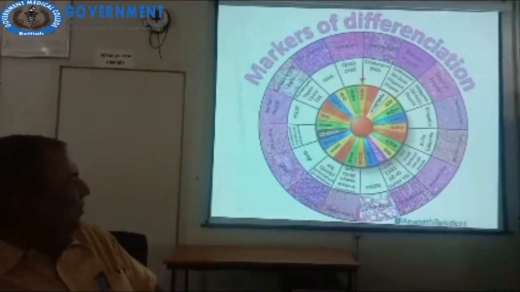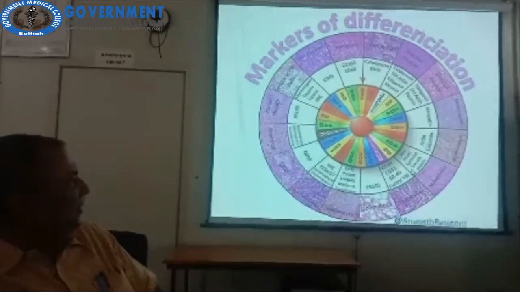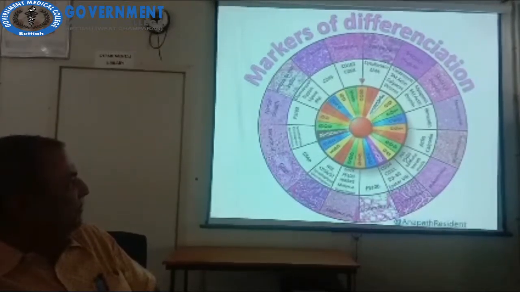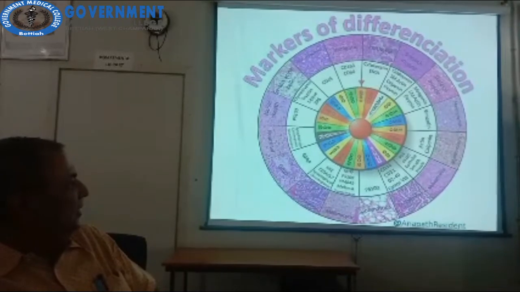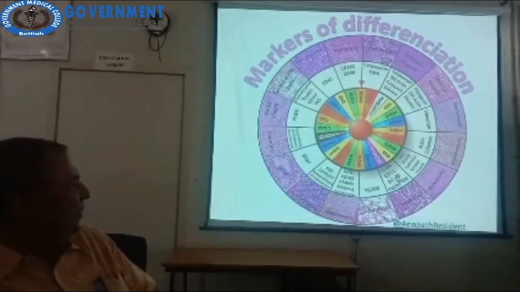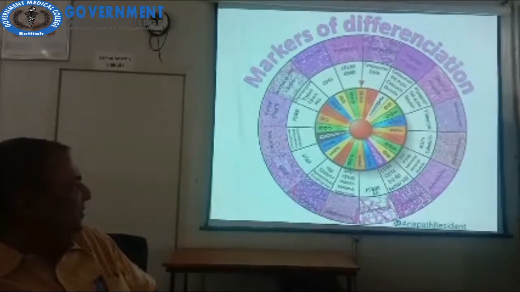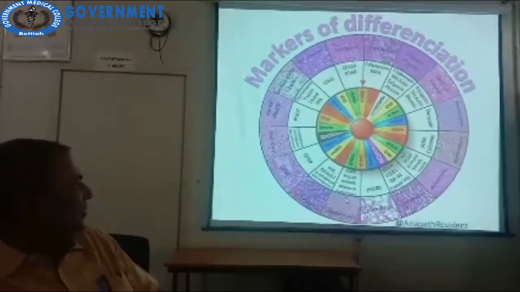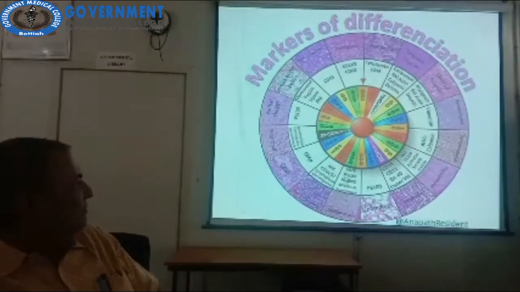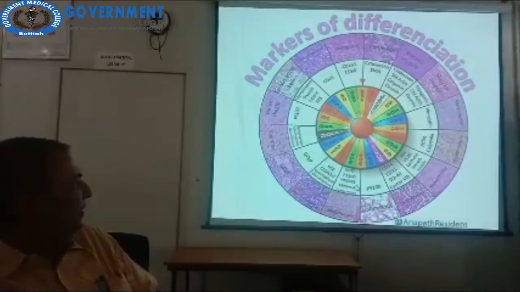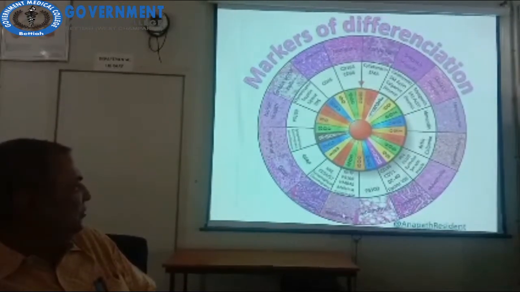Then myoepithelial, smooth muscle, S100 and P53. Then endothelial: factor 8 and CD34, CD31 and D2-40. Then lipomatous S100, melanocytic HMB-45 and S100. HMB-45 and S100 is for melanocytic tumor.